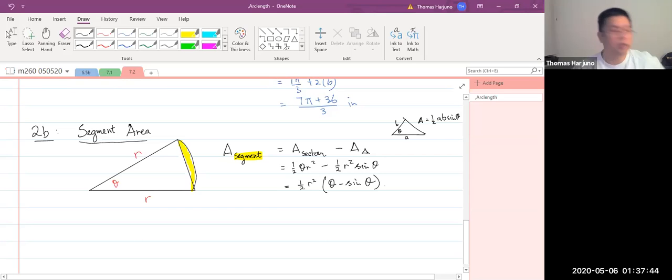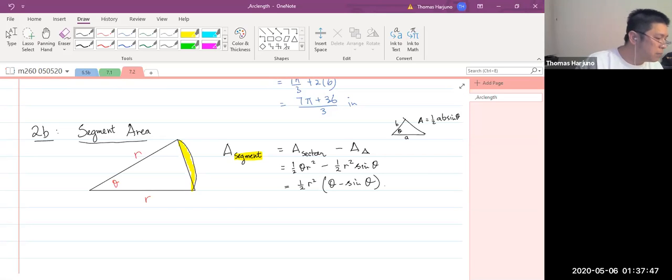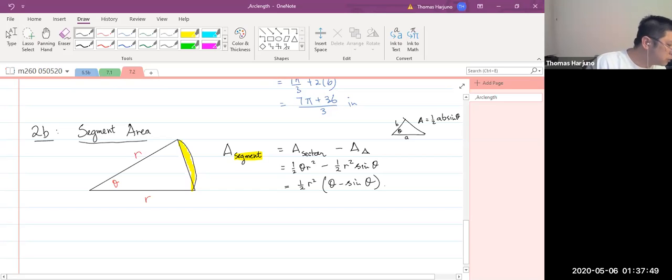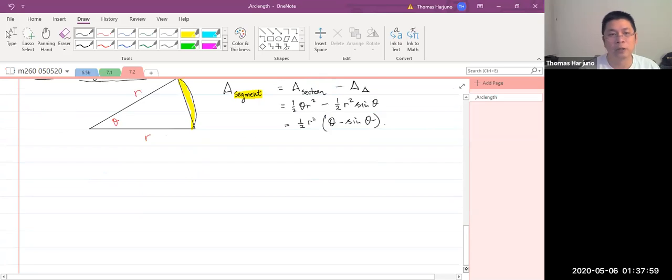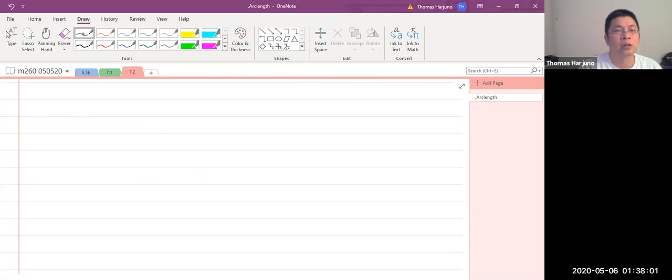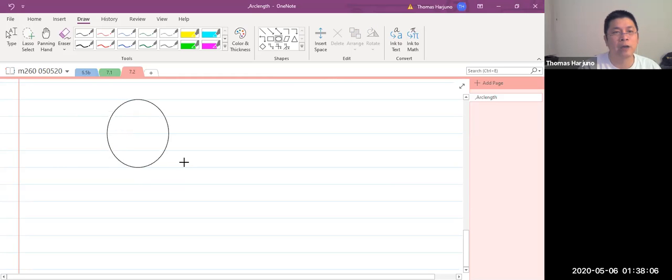Now, how useful is this formula? As I remember, not really useful. We don't see that a lot, but our textbook has the following question. Suppose I have a central angle of 120 degrees, approximately like this.